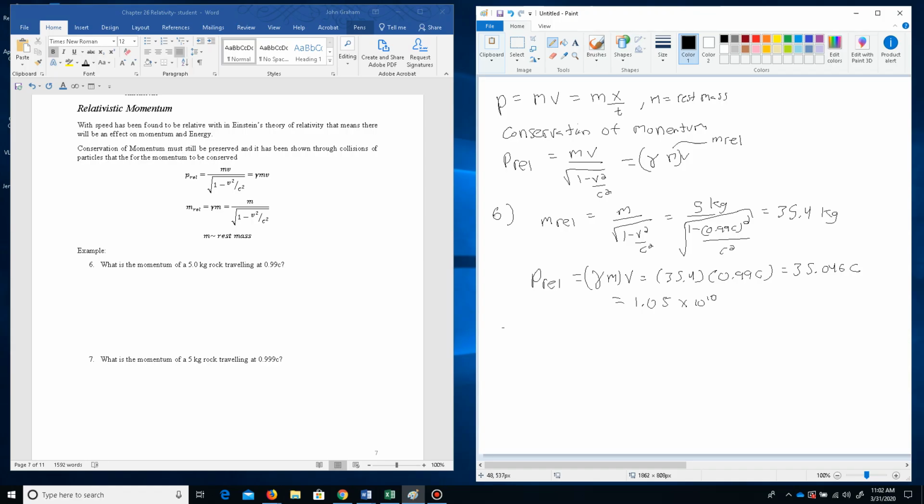Alright, so we can do the same thing now with something traveling even faster. I'm going to actually skip this step here. I'm just going to go right through the equation.